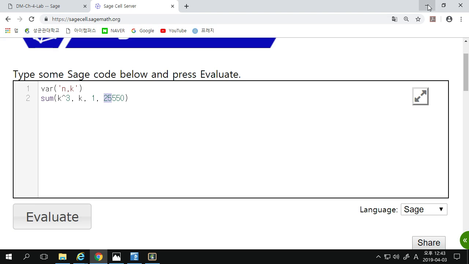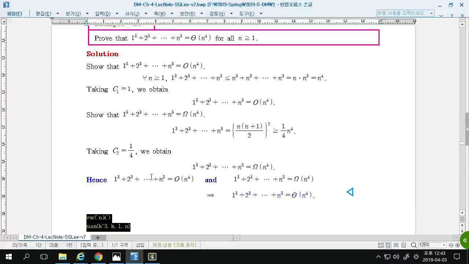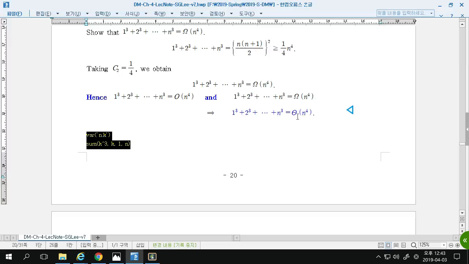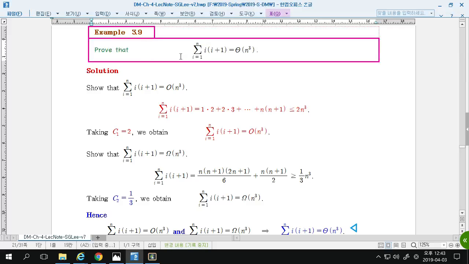But even before you do that, we know this size has an upper bound of this and a lower bound of that, so we have a tight bound. Next, example 3.9. Prove this.